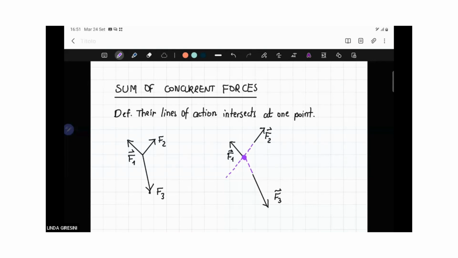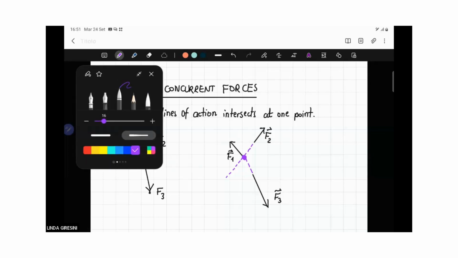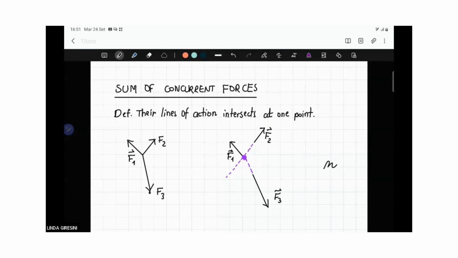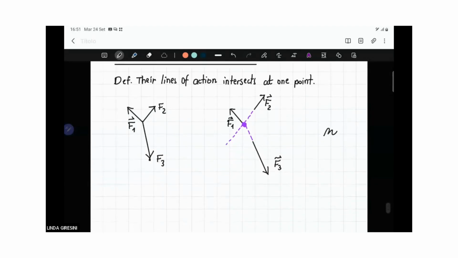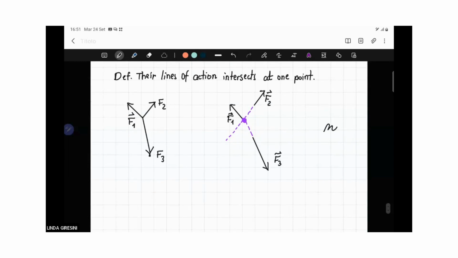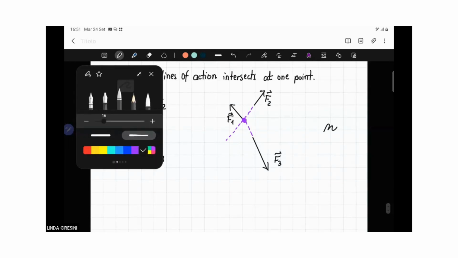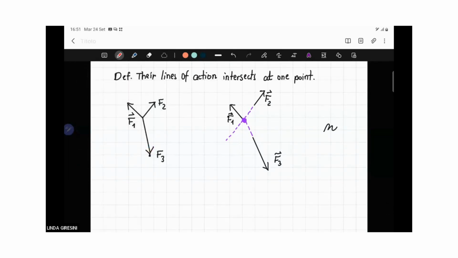So these three are concurrent forces. You can have a generic number of concurrent forces, in general equal to n. It's not mandatory that you have a specific number of forces. And these forces are generally applied to a body. So let's take, for example, a rigid body, this red shape, a normal rigid body in which these forces apply.